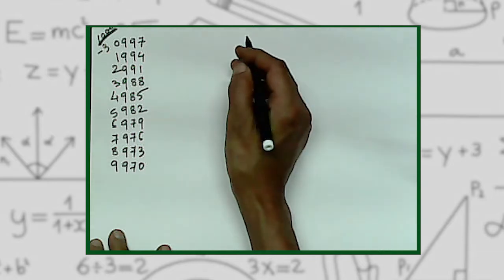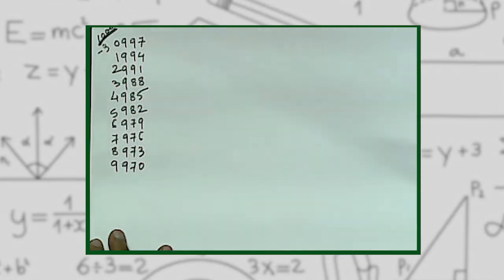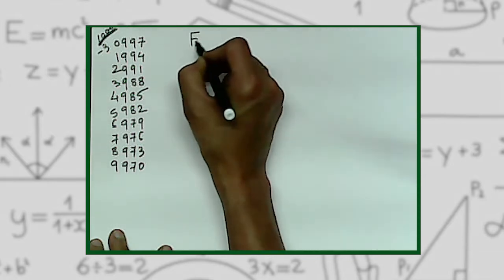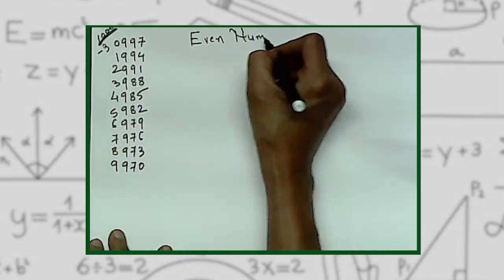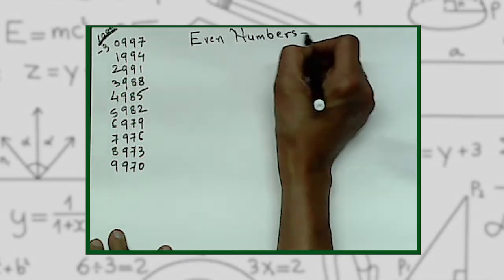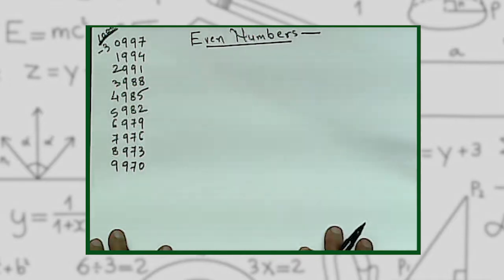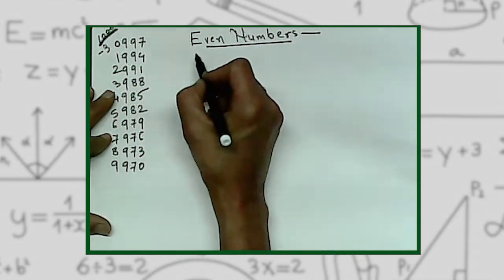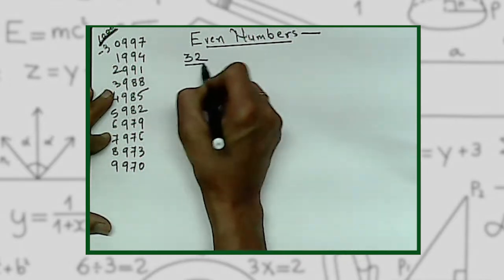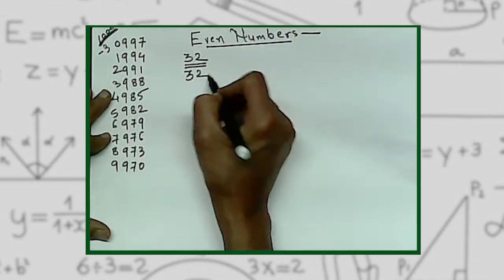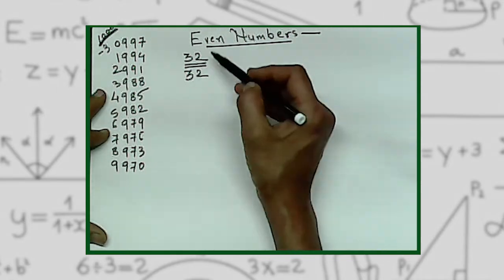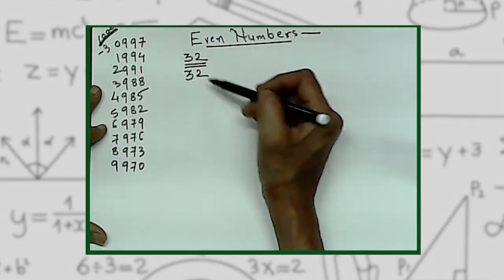Now next technique for table formation, we are going to see tables of even numbers. First we are going to take the number 32. As we are making table of 32, we will have to take this number as base number.